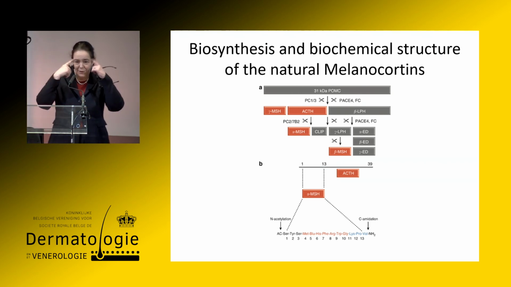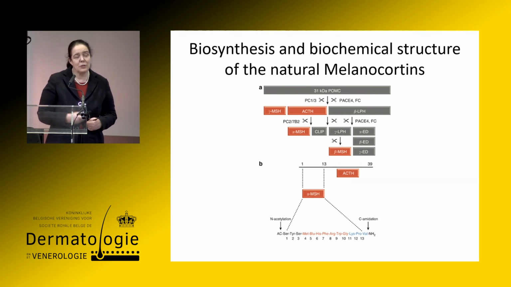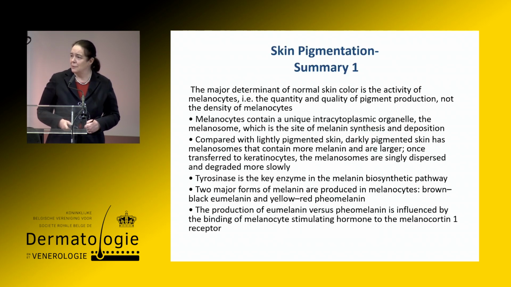Okay, so it's important to understand that you have basics that can explain some elements of pigmentation, but also pigmentation related to disease. So MSH, ACTH, and endorphin, three elements that are very important, with POMC.